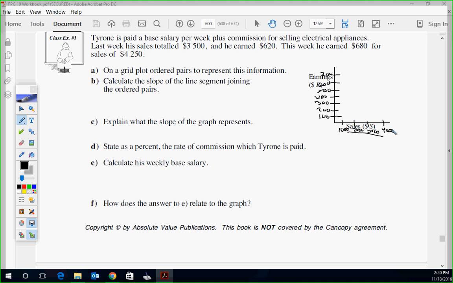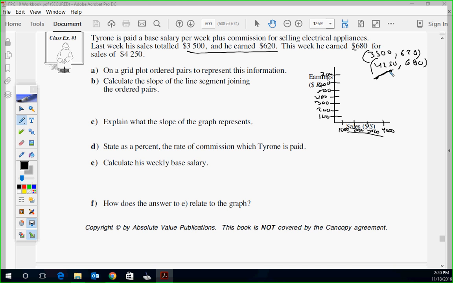If sales is our x, that means these big numbers are x. 3,500 gives me 620, and 4,250 gives me 680. So 3,500, right about there, 620, right about there, and 4,250, just after 4,000, up to 680, just under 700. So there are our points.